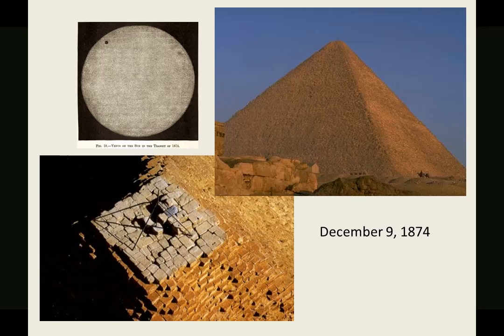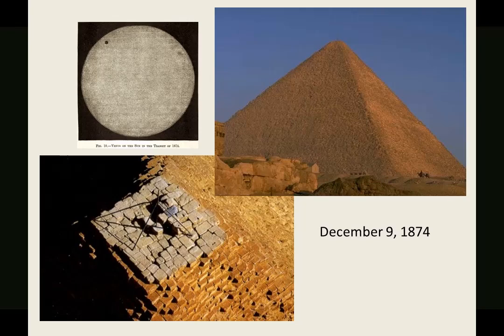And when they looked at Egypt, they said, hey, this is a perfect place, not a lot of clouds, don't have to worry about the weather. The pyramid itself would be a perfect place to make this type of sighting, the perfect structure to have a reference point to make these measurements.